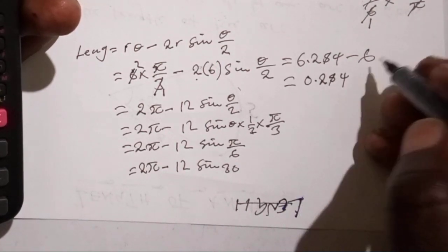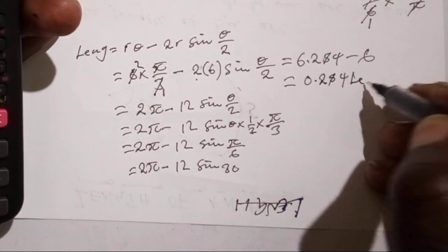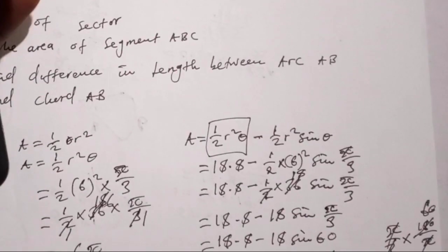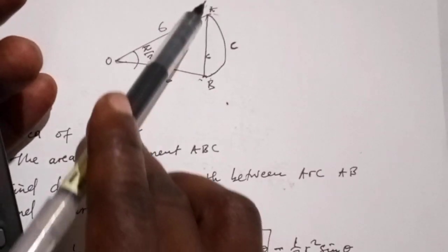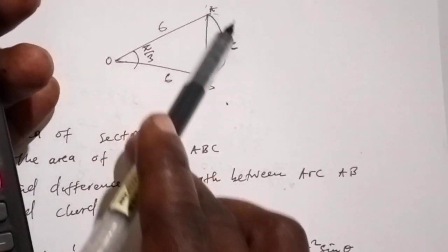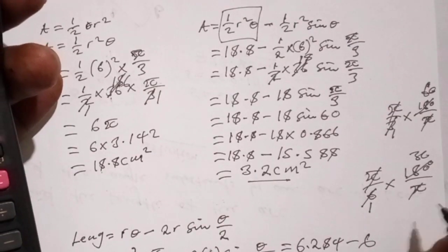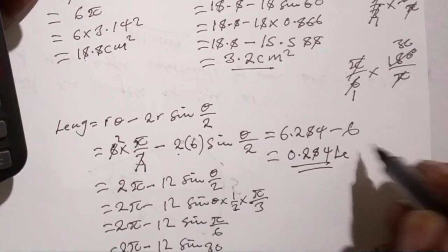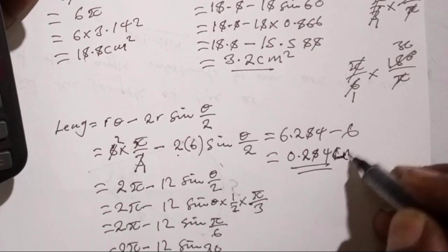So this is the difference in length between chord AB and arc AB. So this is our answer, the length, in centimeters.